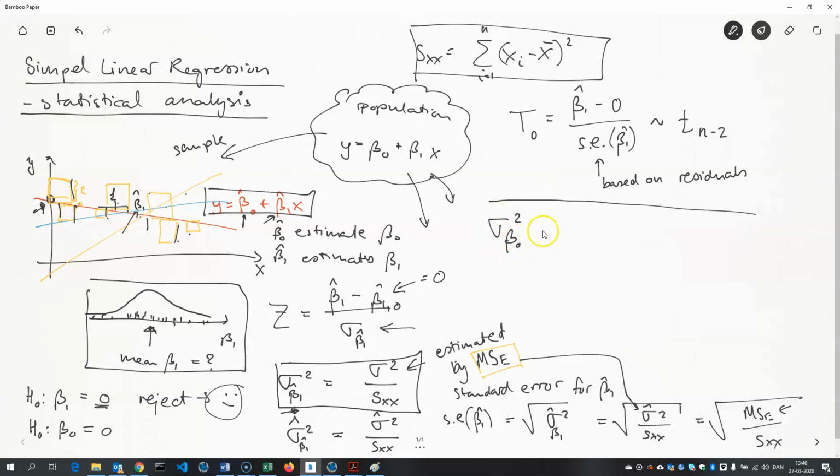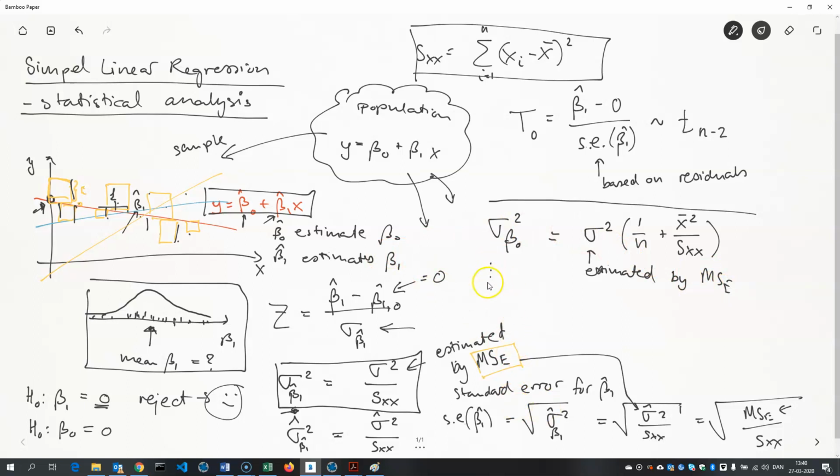So the variance for beta naught is given by the variance in the y values times 1 over n plus the mean of the x sample squared divided by the sum squared deviation for the x value. Again, we don't know this one, so we estimate it by the mean square error, just like we did before.